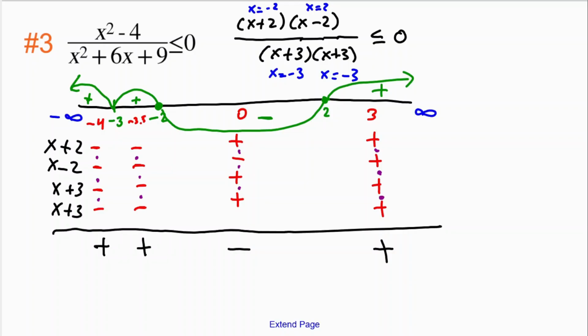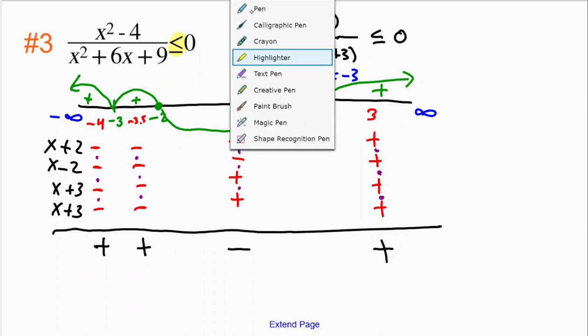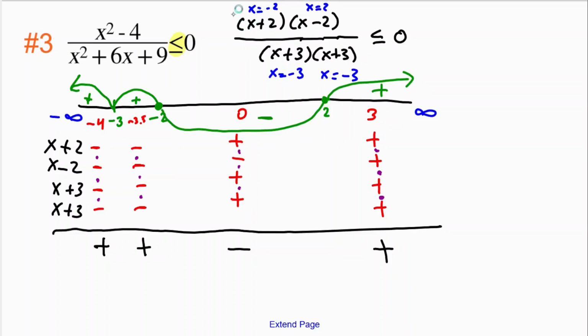Remember, this question is asking us less than or equal to 0. Again, less than or equal to is good, right? We have the closed, shaded in circles. So now we're going to actually just look. This is negative, right? So now we just do interval notation.